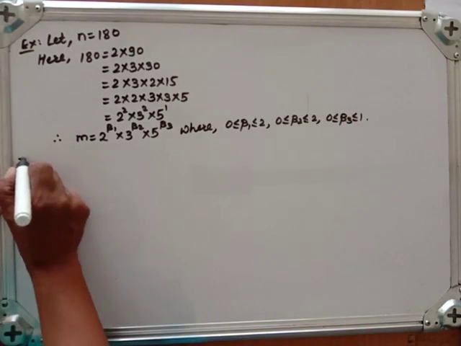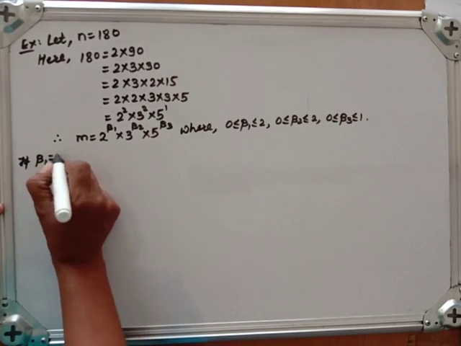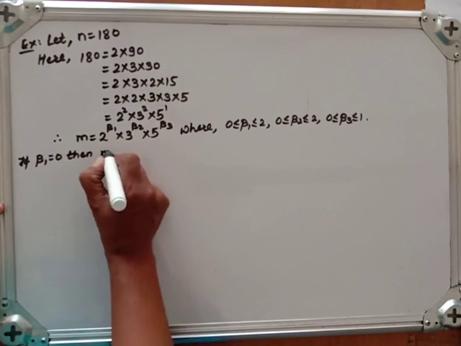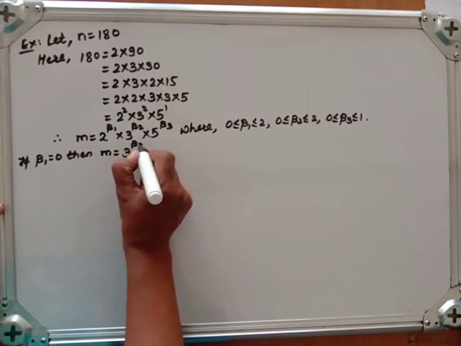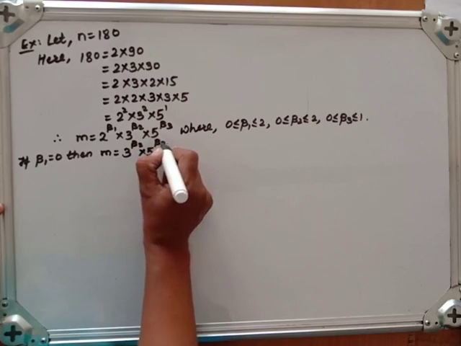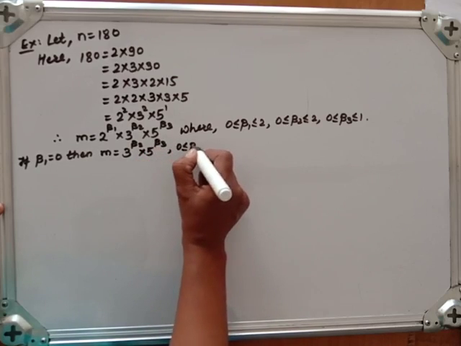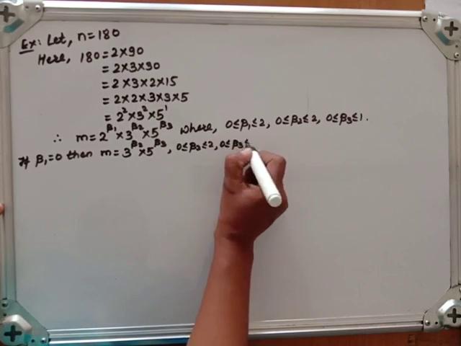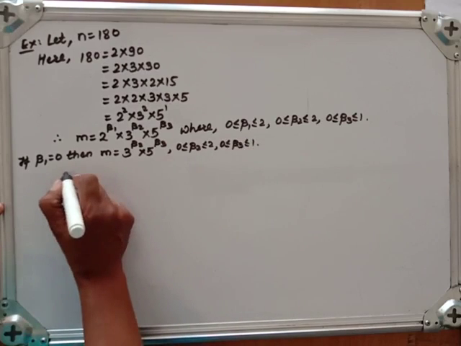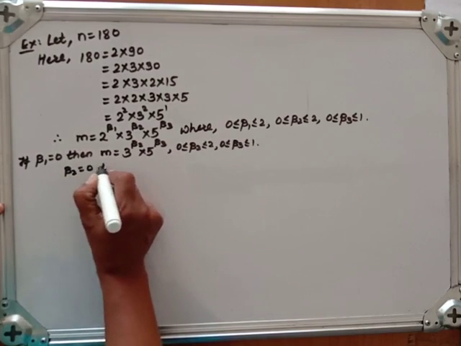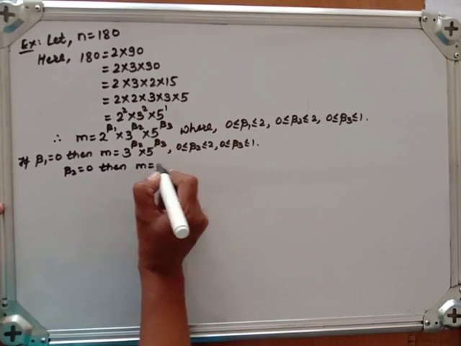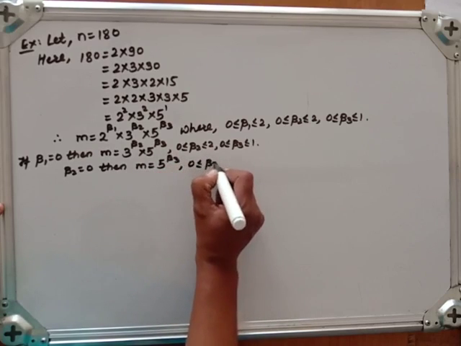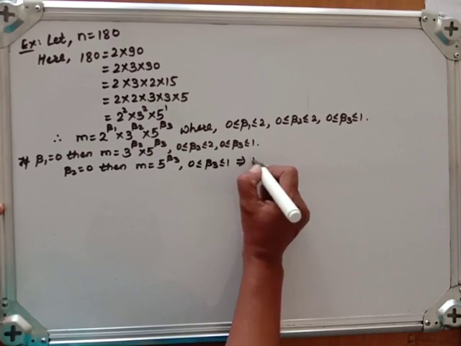So now if beta 1 equals 0, then m equals 3 raised to beta 2 into 5 raised to beta 3, with 0 ≤ beta 2 ≤ 2 and 0 ≤ beta 3 ≤ 1. If beta 2 is equal to 0, then m equals 5 raised to beta 3, so 0 ≤ beta 3 ≤ 1.